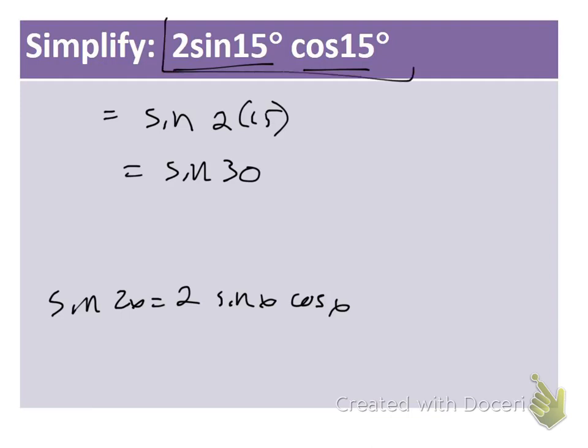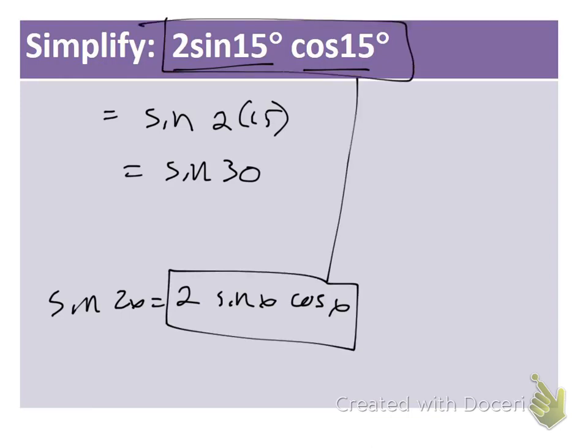Okay? This is exactly the same as this. So I rewrite it with the left side, but in order to do that, I have to double whatever angle measure is being used. So double 15 and you get 30. So sine of 30 is just a half, and there we've simplified it.